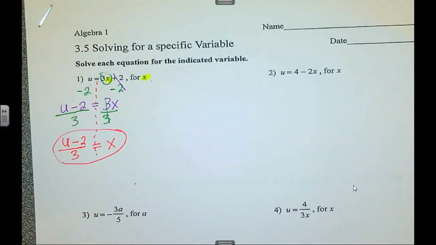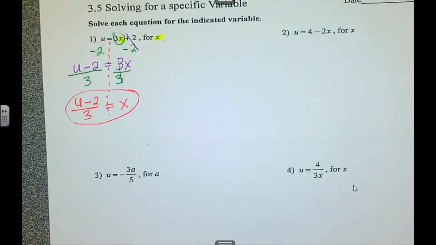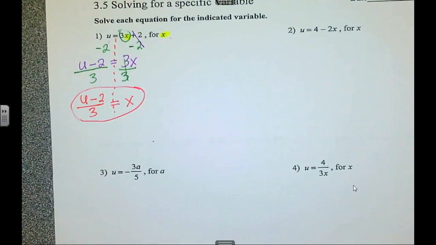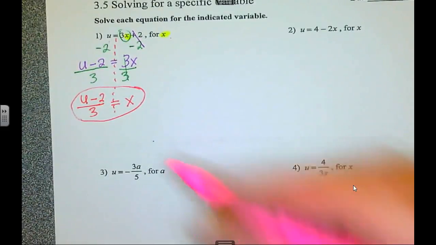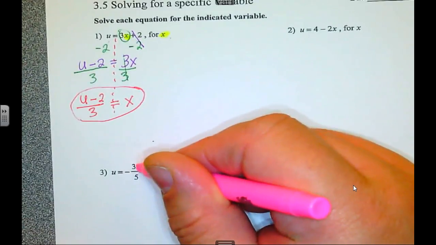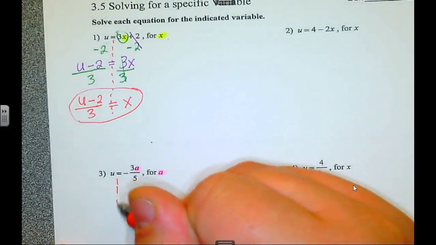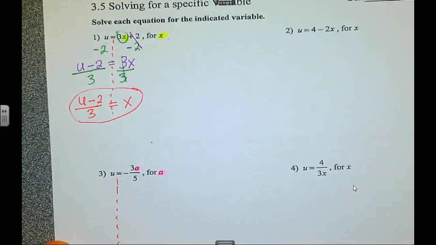Okay. It gets a little bit more messy, but not too bad. All right, number 3, they're asking us to solve for a. So here's my a in the numerator. My line.